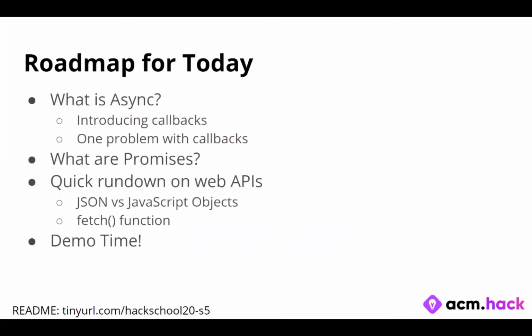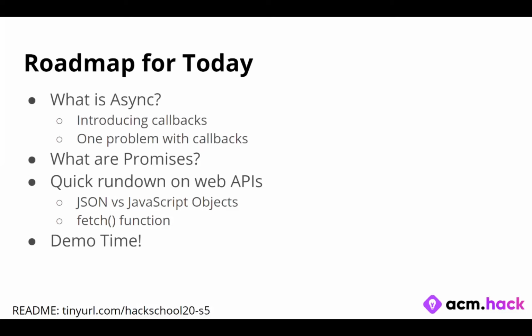Now, the roadmap for today. What is asynchronous JavaScript, first of all? Because right now we've all been coding in what we call synchronous programming. So we're going to be introducing async through callbacks, and then maybe we'll talk about one problem with callbacks. And then we're going to talk about what are promises. Promises are a very important part of asynchronous JavaScript.